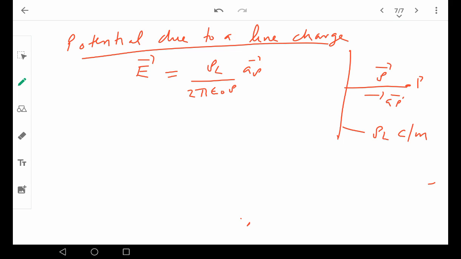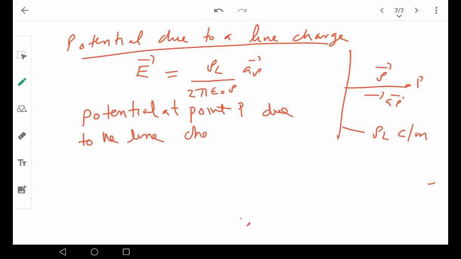So what will be the potential at point P due to the line charge? It is given as VL equal to integral of minus E dot dl.